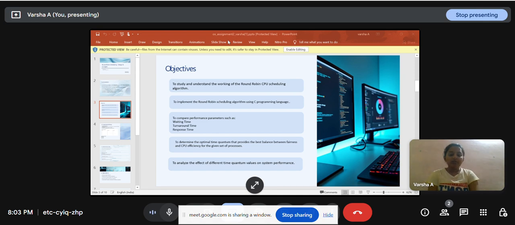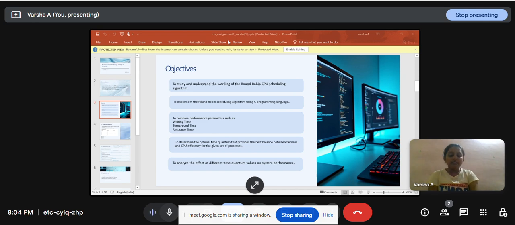Next, the objectives. The objectives of round robin are to practically implement the round robin algorithm using the C programming language. Next, to calculate and compare important scheduling parameters like waiting time, turnaround time, and response time.